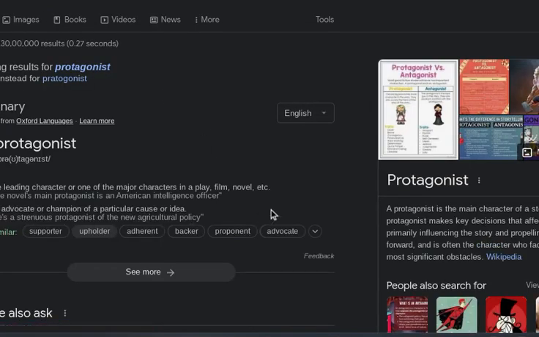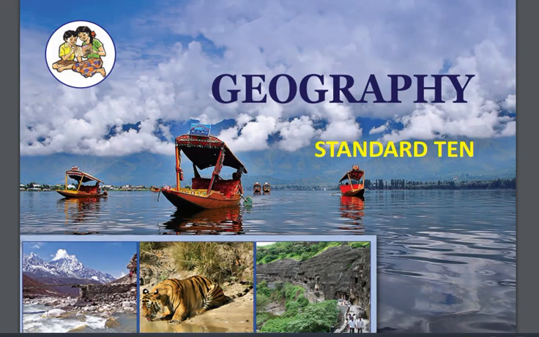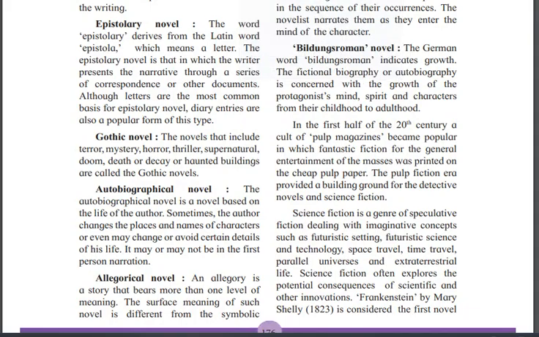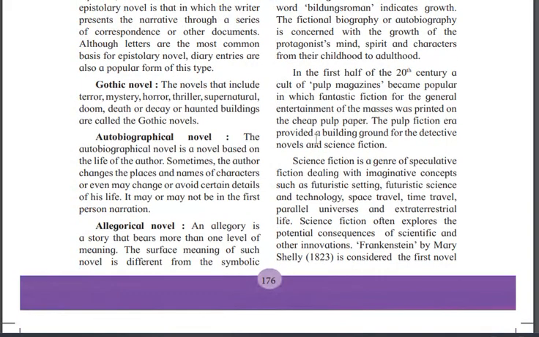A leading character, the major character, as simple as that. Clear? The protagonist is nothing but the leading character, which means the main character of a particular thing. Protagonists are the main characters.